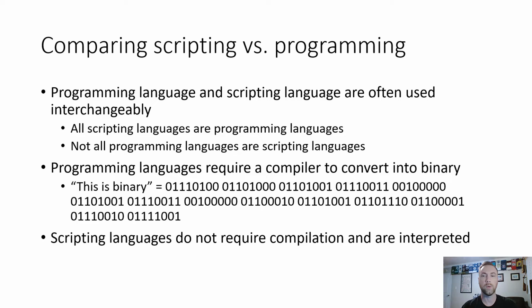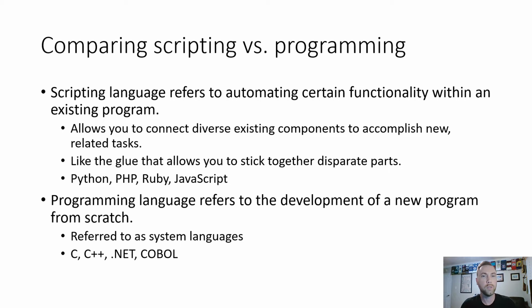Scripting languages do not require compilation and are interpreted, meaning they are interpreted through some sort of environment. For example, with Python, Python is interpreting the script that you are inputting into it. Scripting languages refer to automating certain functionality within an existing program. Maybe it's Python, maybe it's JavaScript, maybe it's Ruby or PHP.